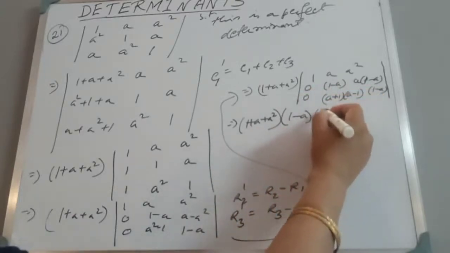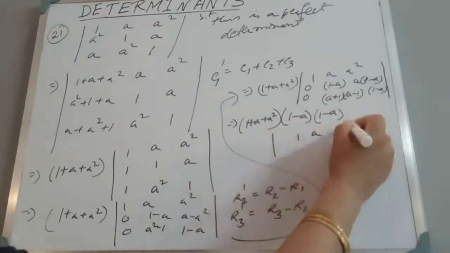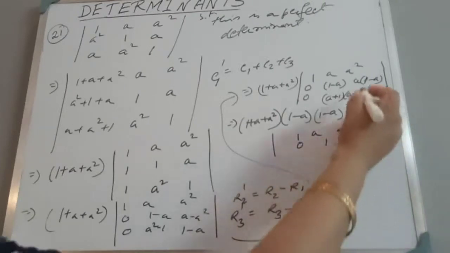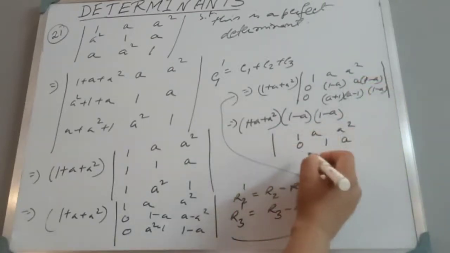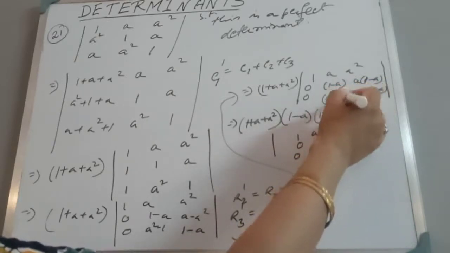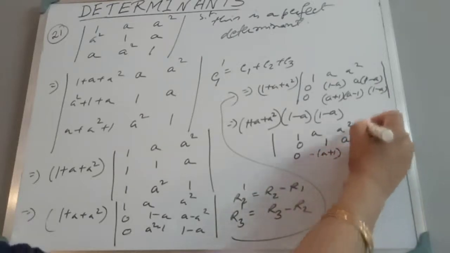So we write 1 minus a into 1 minus a, and the determinant will be 1, a, a square; 0, 1, a; 0, minus of a plus 1, 1.